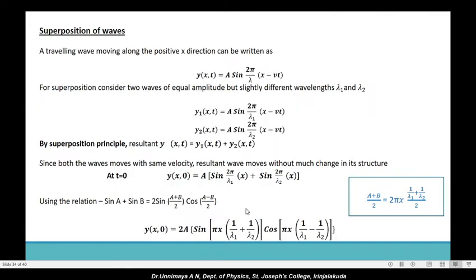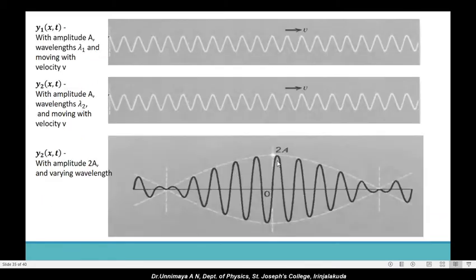From this expression we can find that the amplitude of the resultant wave is doubled. Initially y1 and y2 have amplitudes A, but after superposition the resultant travelling wave has amplitude 2A.